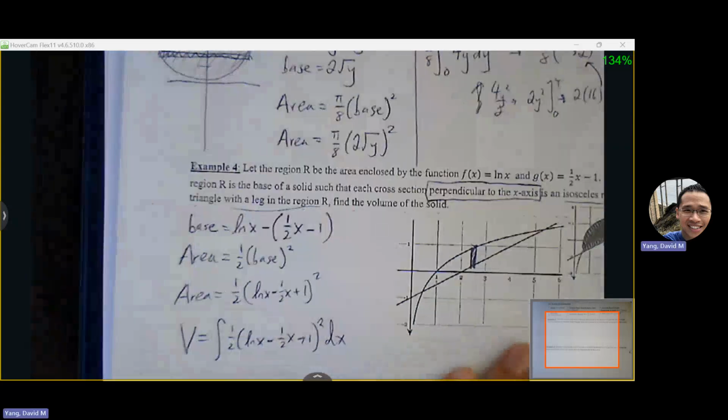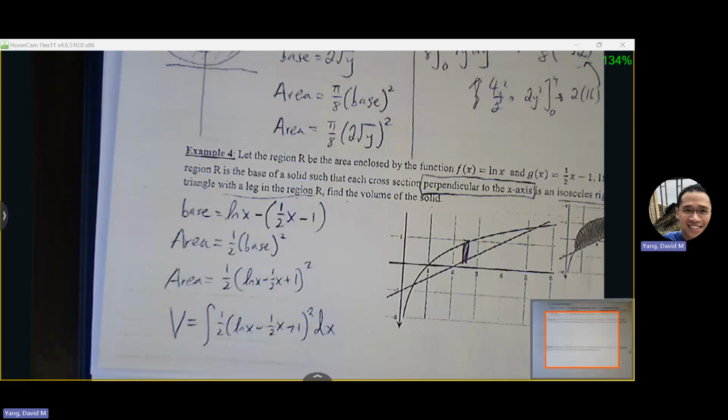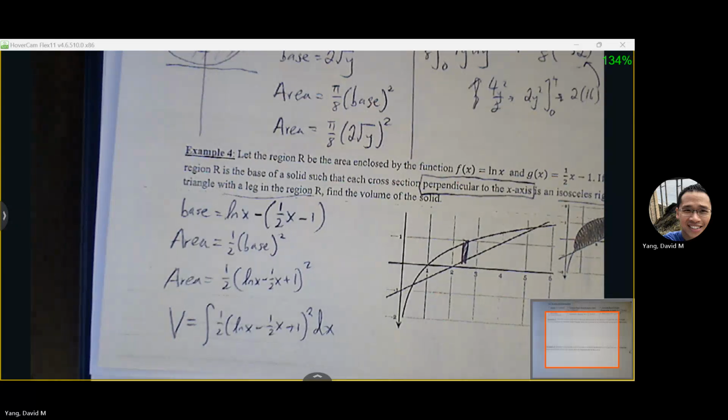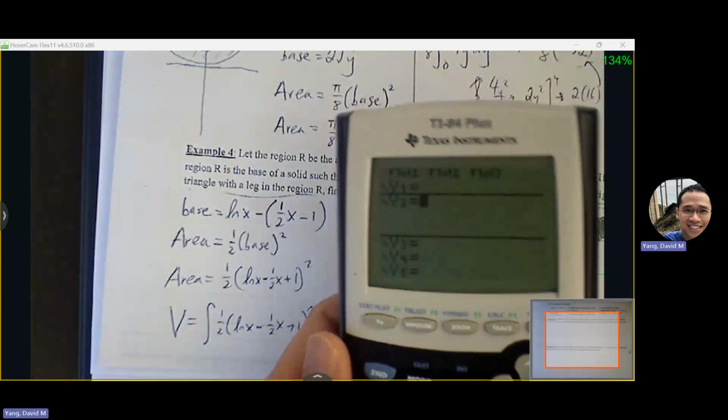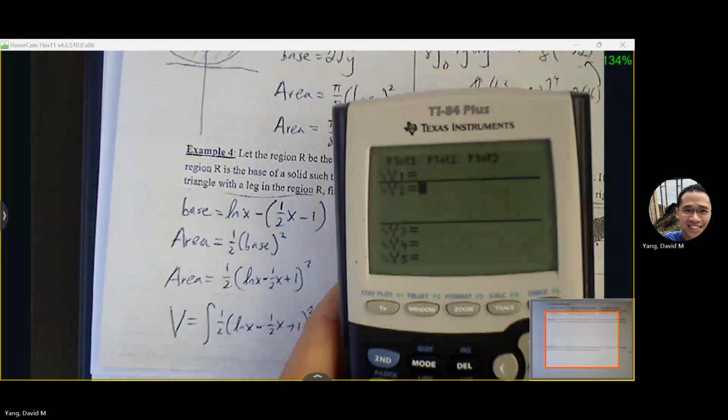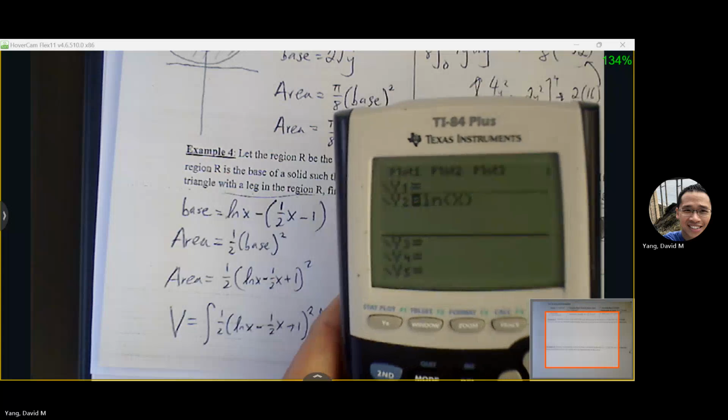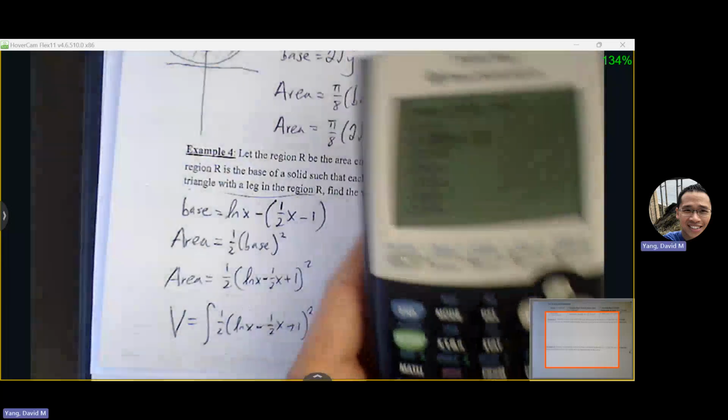Okay, all right, let's find those intersections using our calculator. So y equals natural log of x. Y equals 1/2 x minus 1.